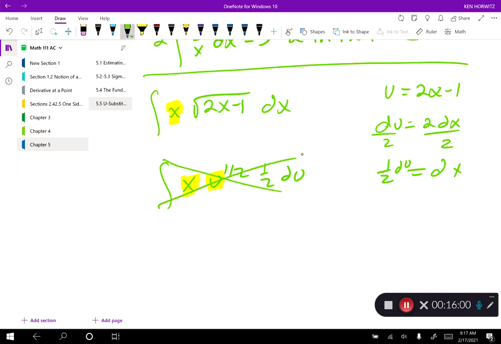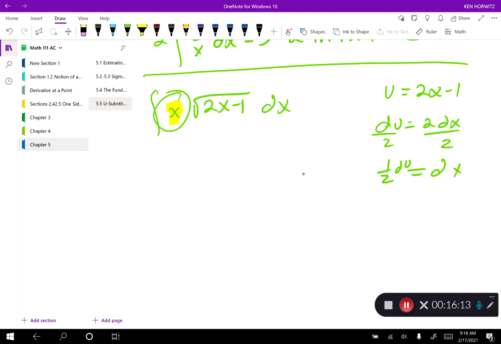You can't do this. So we have to figure out something that we could take this x and turn it into something with a u in it. So I'm going to take away what's wrong. I'm still going to have the 1/2 du equals dx because that seems like it's okay.